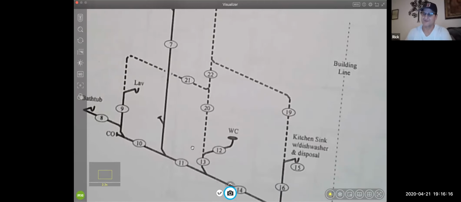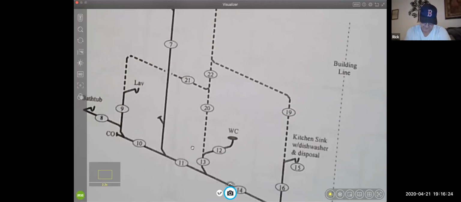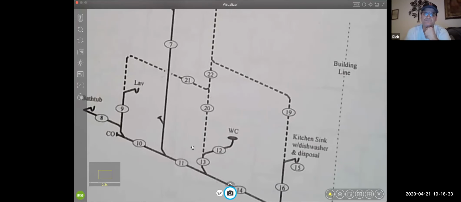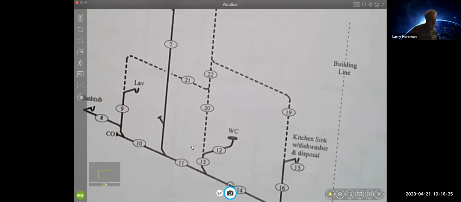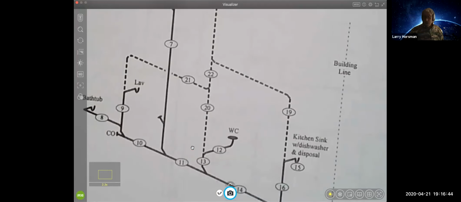I was just wondering, since it looks like it's all drawn into one main vent, if they'd all be considered a wet vent. No, the plumbing code doesn't consider that. A wet vent is one that actually has water in it, has liquid in it, so you've got waste in it. If you look at this point right here where my finger is, and you look at 20 and go up to 22, there's no drainage coming into the pipe.